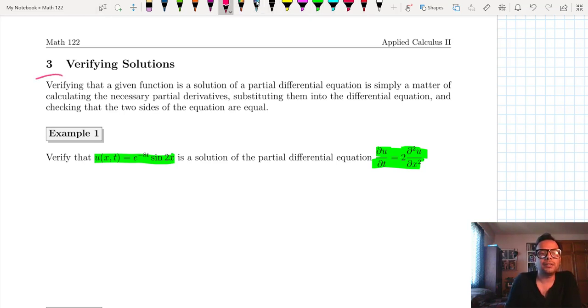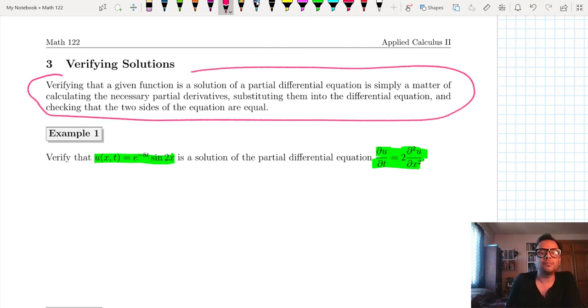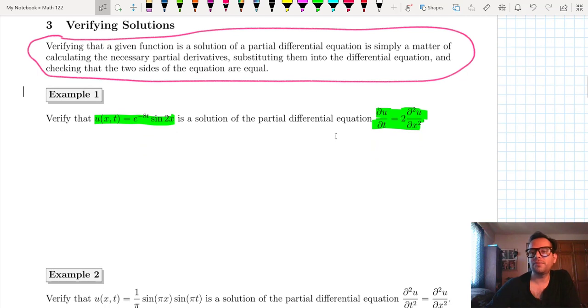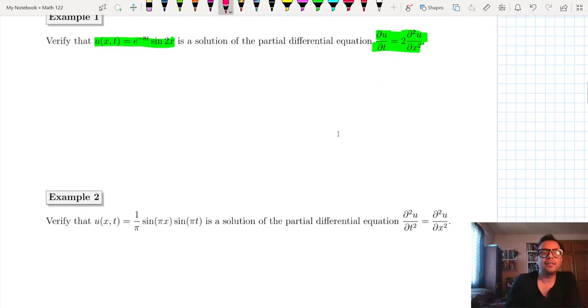All we do is take the necessary partial derivatives and plug them where they correspond in the given PDE, and hopefully both sides of the equation are the same. All right, so let's begin with this one. In this case, we're given a function that depends on x and t. The partial differential equation here requires one derivative with respect to t and two derivatives with respect to x. Let's go ahead and do that.